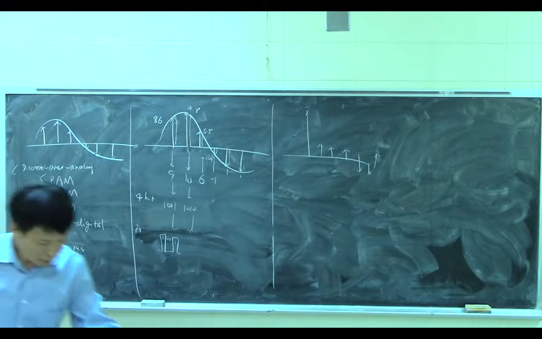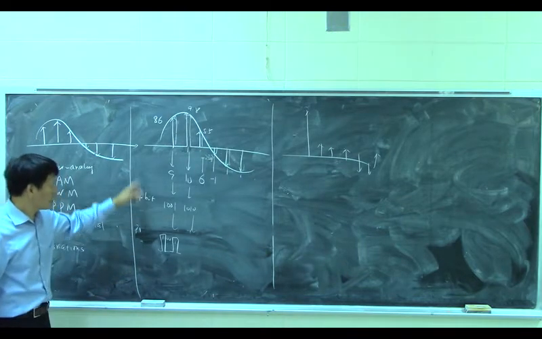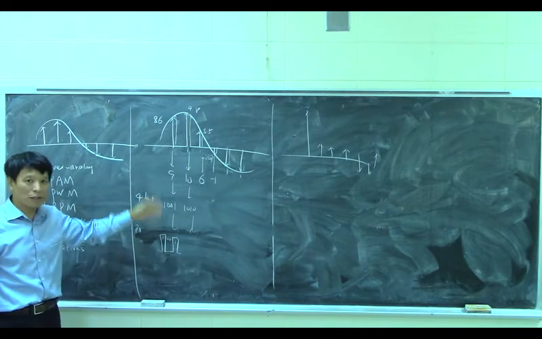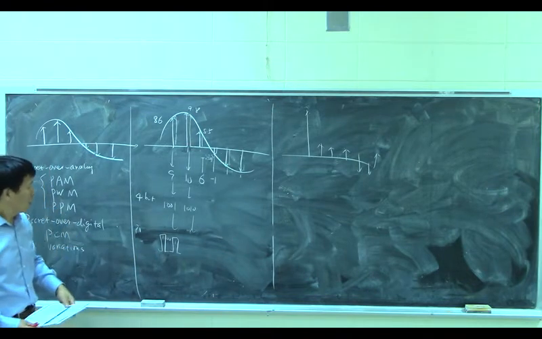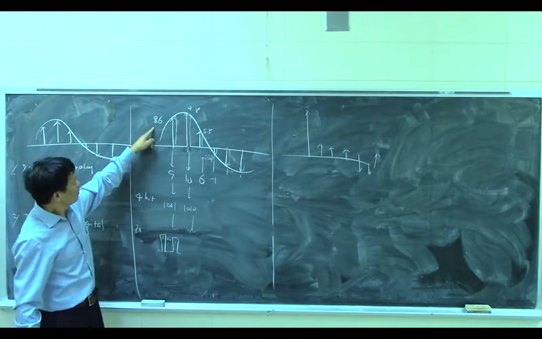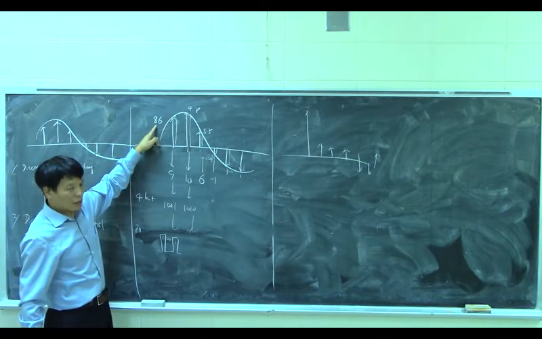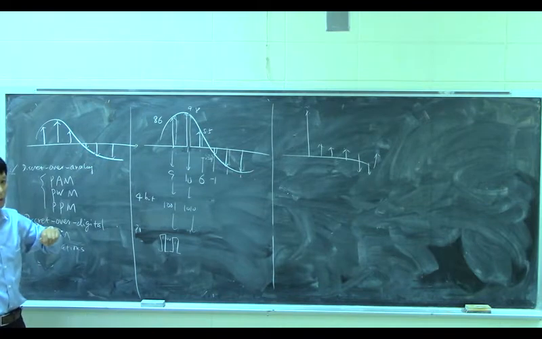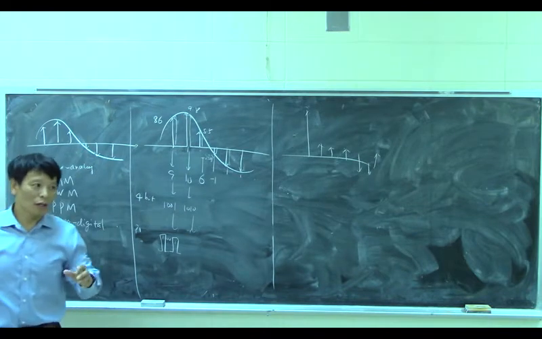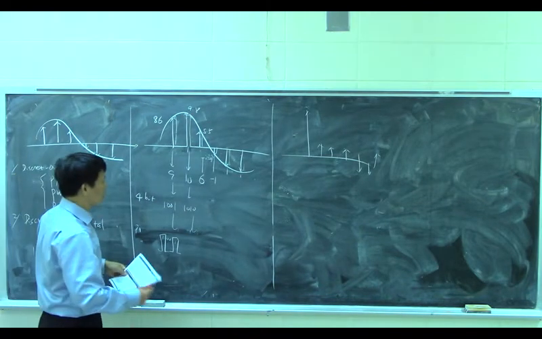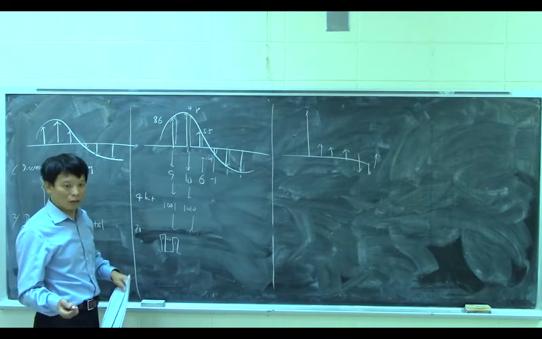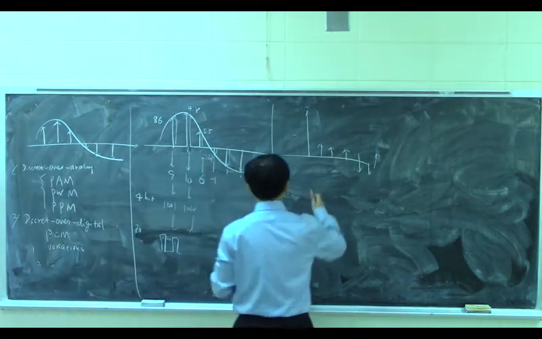Okay, now we are going to discuss the details of how to do this PCM coding. First, we do not exactly use this 8.6. Instead, we are going to use a process called quantization. Now I'll use an example to show this.